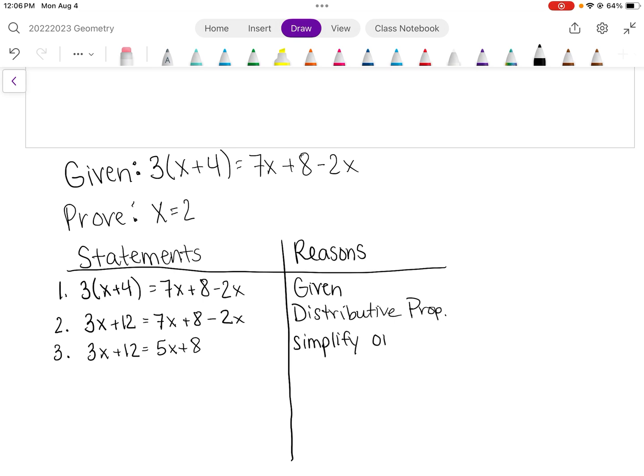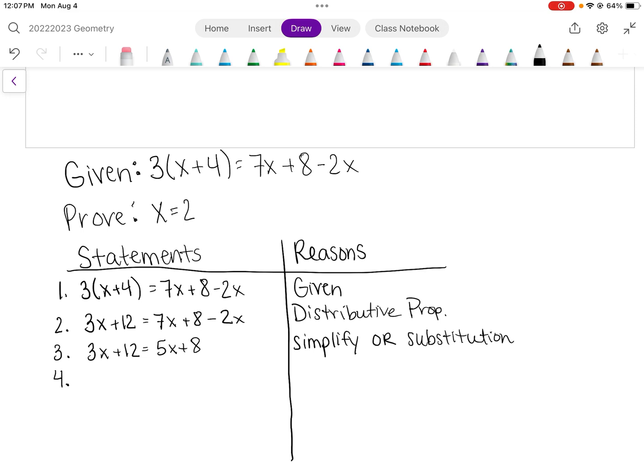Depends on who's doing the proof. You could either put simplify, or you could put substitution. And if you're confused by why it would be substitution, it's kind of like you're taking the 5x and you're substituting it for 7x minus 2x, because it's the same thing.